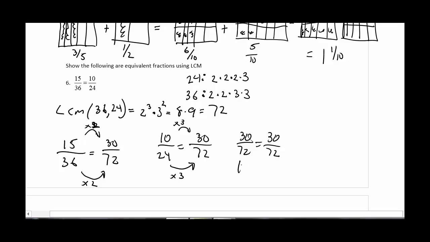At that point, that's enough to say that 15 over 36 is equivalent to 10 over 24. But since I'm asking you to demonstrate the LCM method, I'm looking that you can find the LCM and that you can show me how you convert each fraction into another form using that least common multiple.